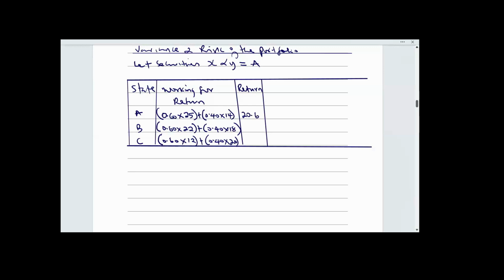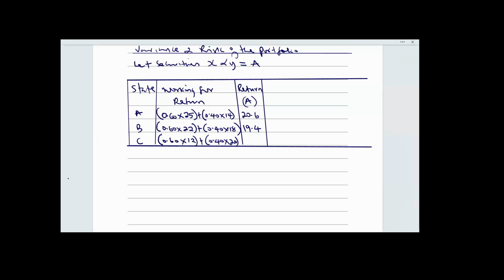So this return is A. Then 0.6 multiplied by 22 plus 0.4 multiplied by 18. 19.4. Which one is 20?